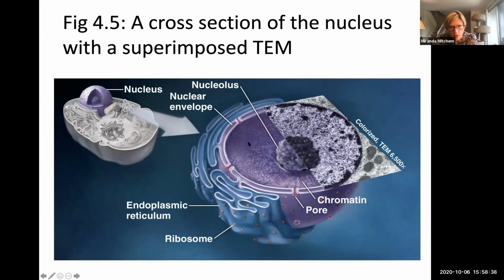And in it are pores that allow for the movement of material out of the nucleus into the endoplasmic reticulum, or even into the cytoplasm. So the nuclear membrane connects directly with the endoplasmic reticulum. It is a direct connection, and you can even appreciate the color changes as we move through.